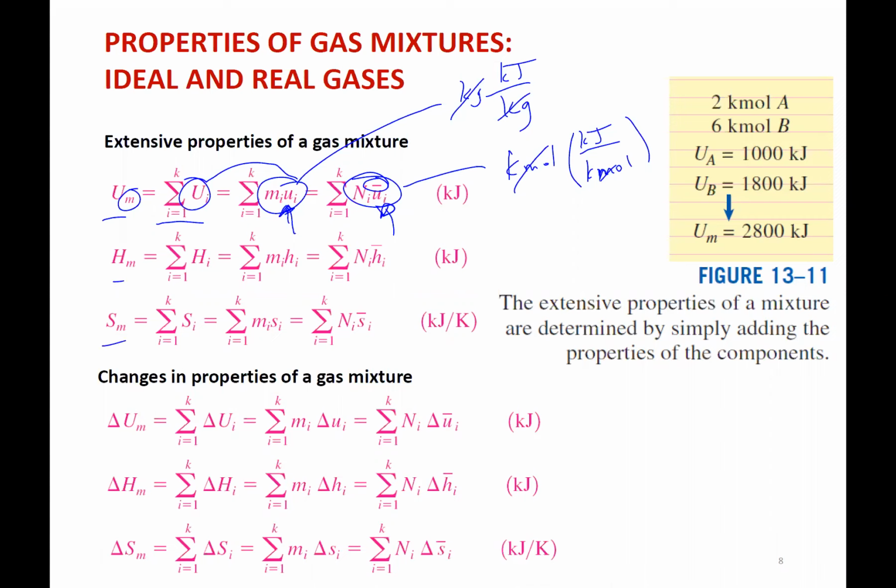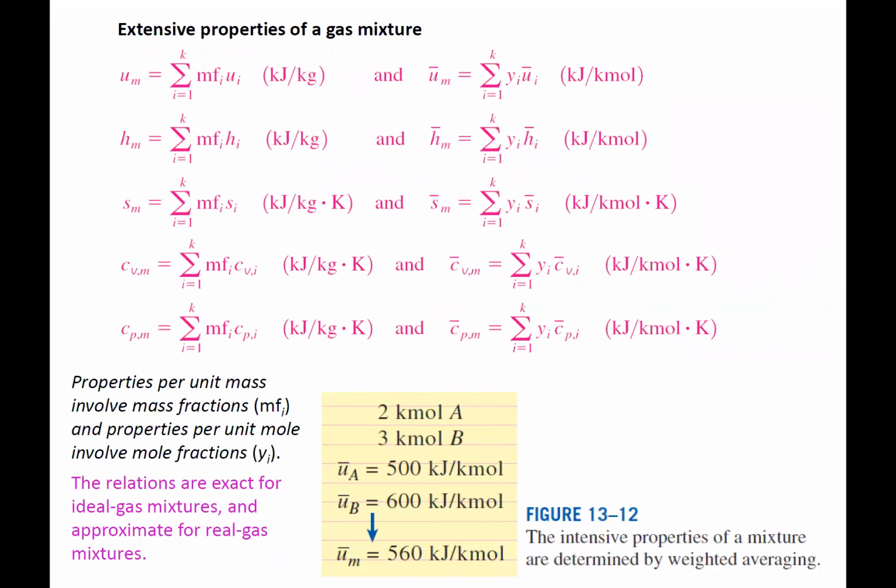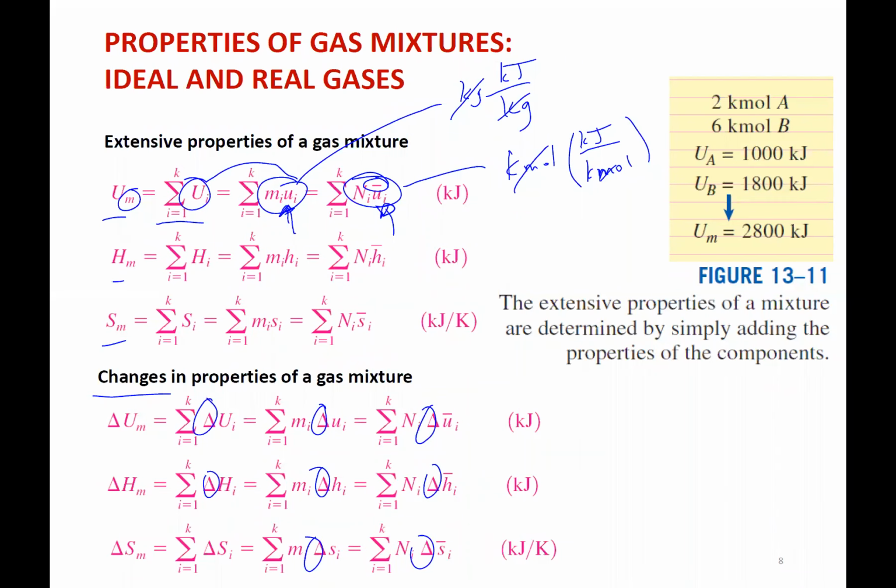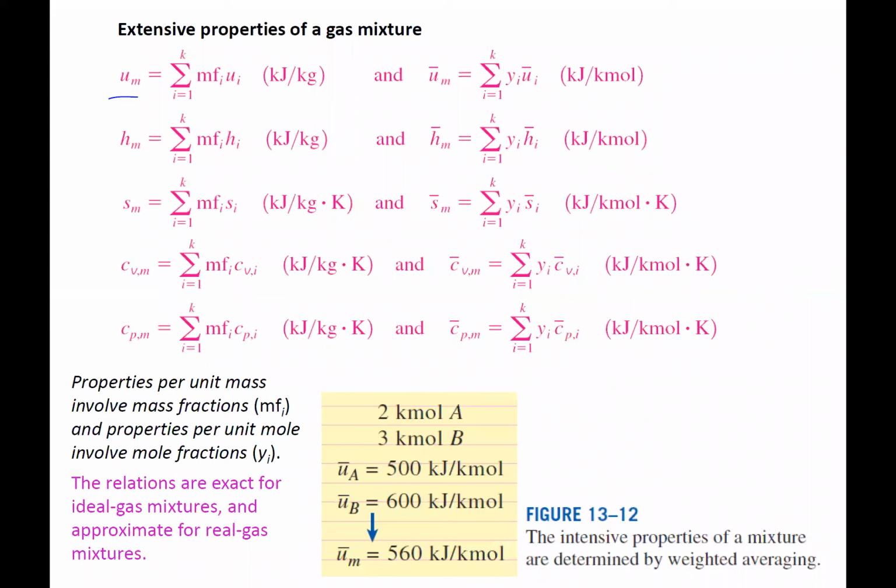For changes, it just puts the deltas in there. Now, if we wanted the mixture's property per unit mass, this is lowercase u of the mixture, we take the mass fraction times that u.